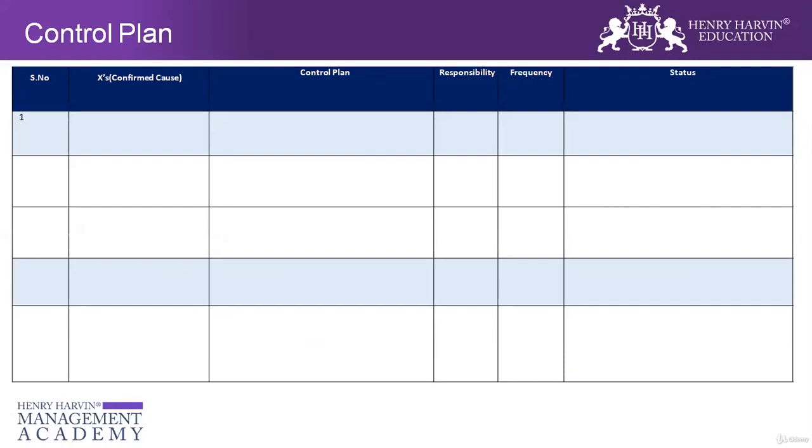Okay. This plan is basis the solutions that I've implemented in my project, which is results. And I need to ensure whatever solutions are being implemented or currently deployed are adhered to on a regular basis to ensure that the project I have been doing is sustained.